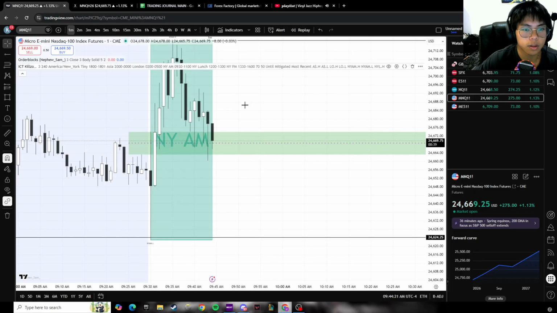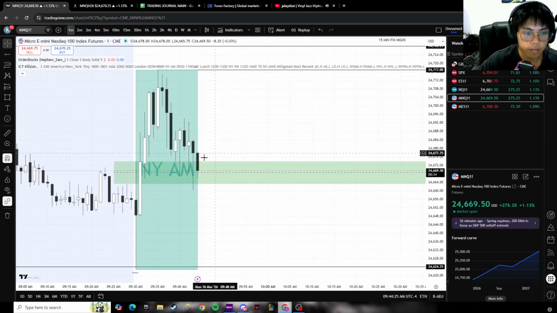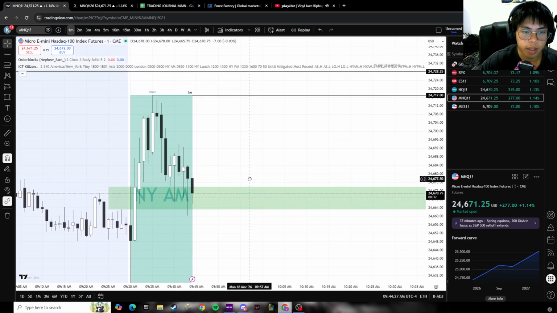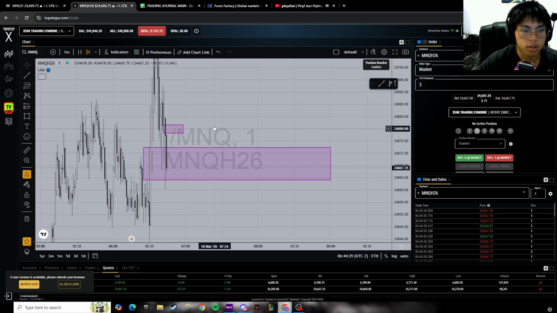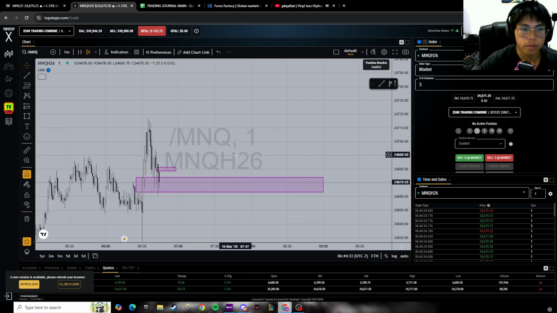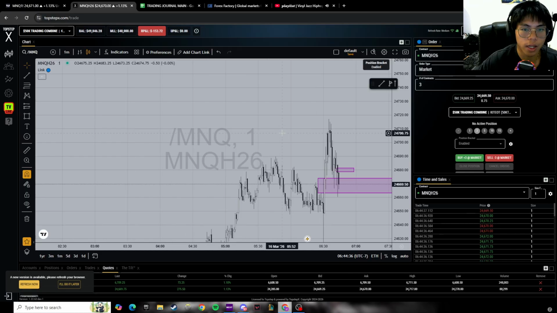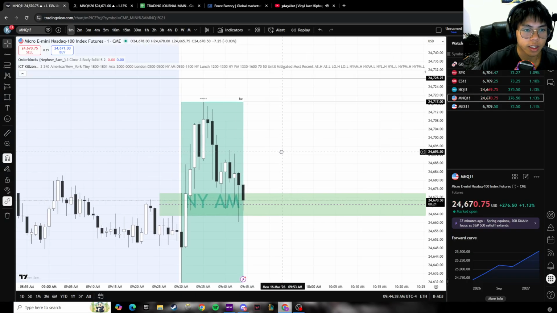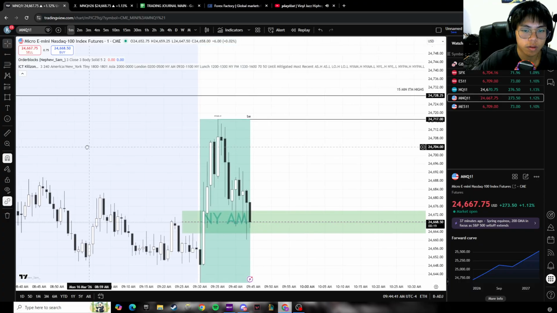Yeah, see, price is just bouncing off of this 50% of this fair value gap. I know it wants to go higher to these intermediate lows. Plus there's nothing that we hit that we're rejecting off of.